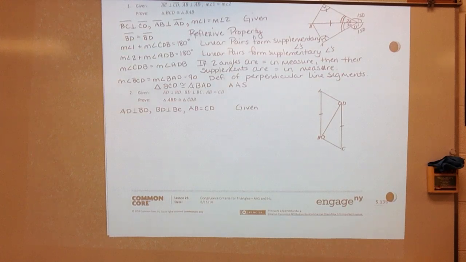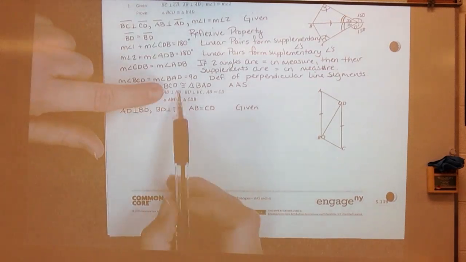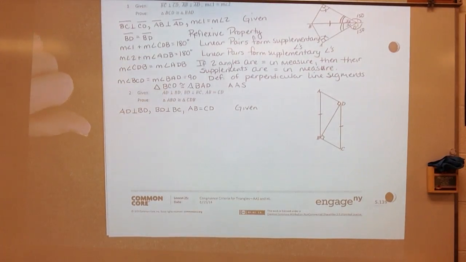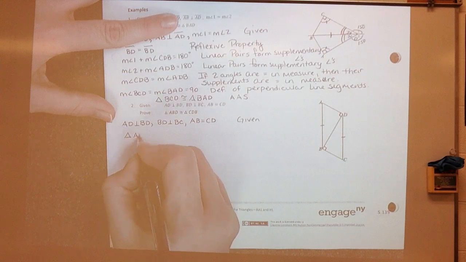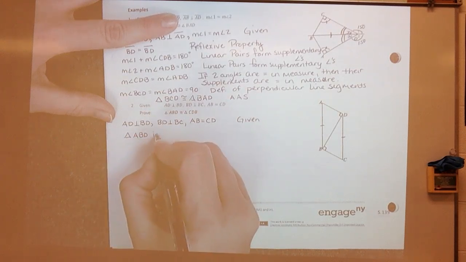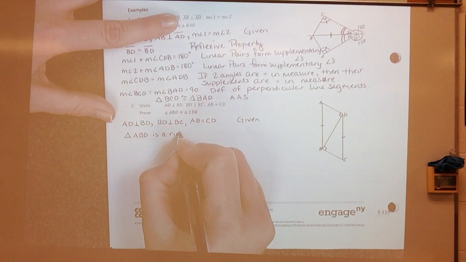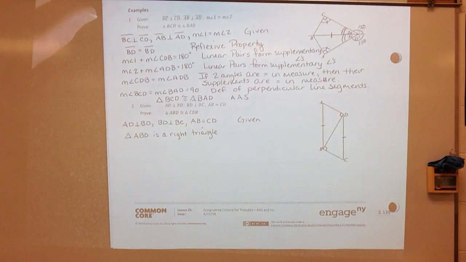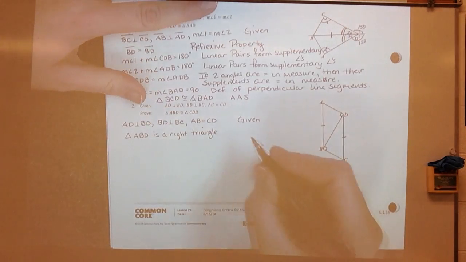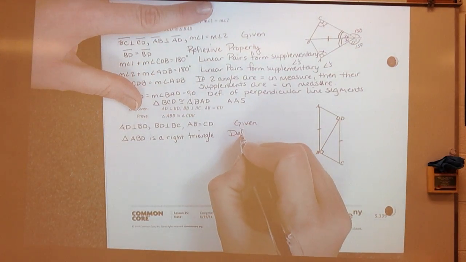In order for us to use HL, we have to prove that we have right triangles. Can I prove that I have a right triangle? Well, I can because of these perpendicular segments. So I can say that triangle ABD is a right triangle. The reason is the definition of perpendicular segments.